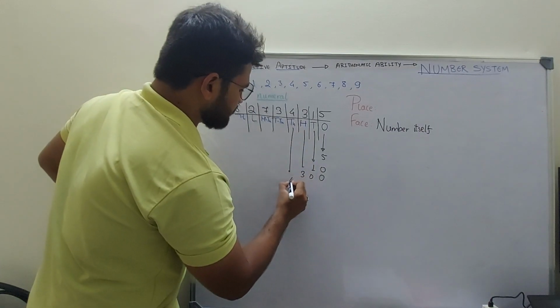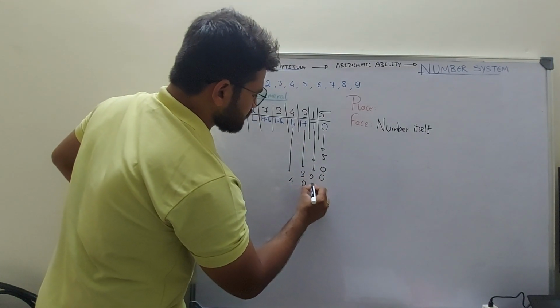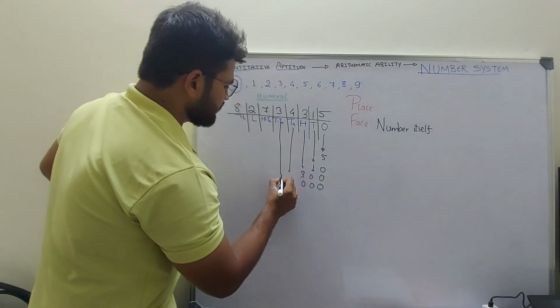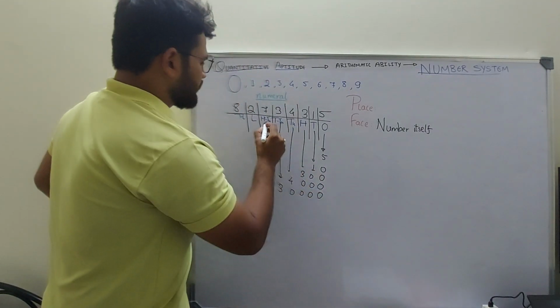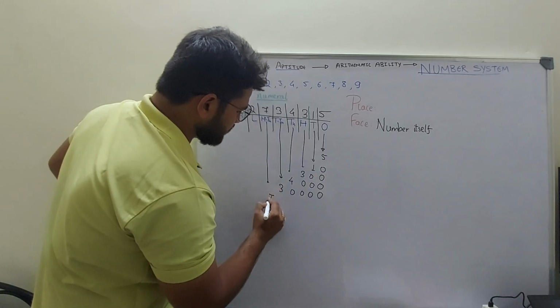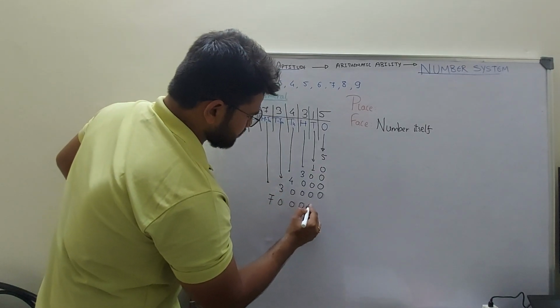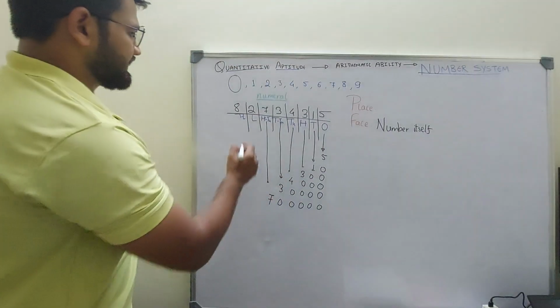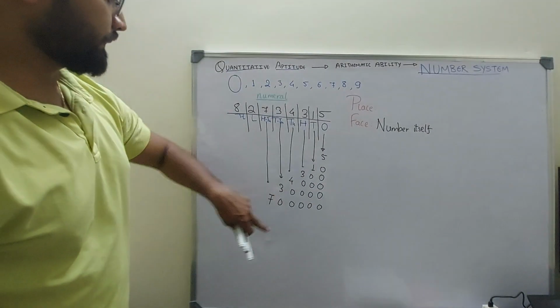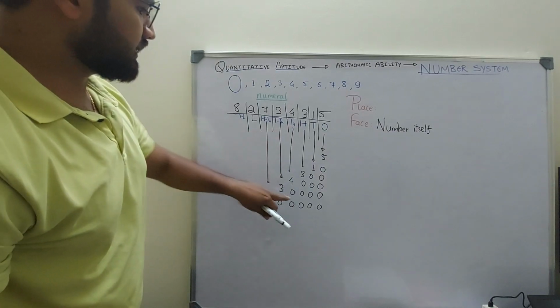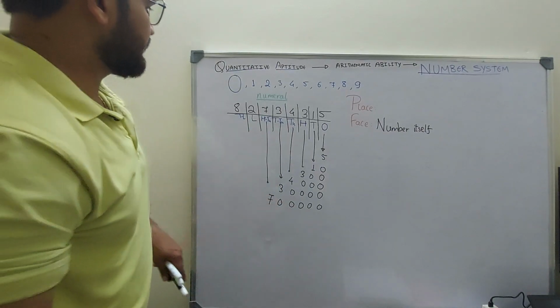Over here, it will be 4000. Similarly, if you bring 3 here, it will be 30,000. If 7 is brought over here, it will be 7 lakhs.